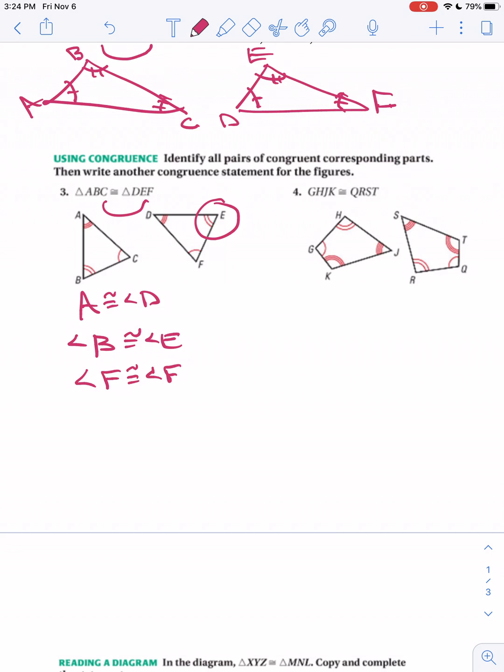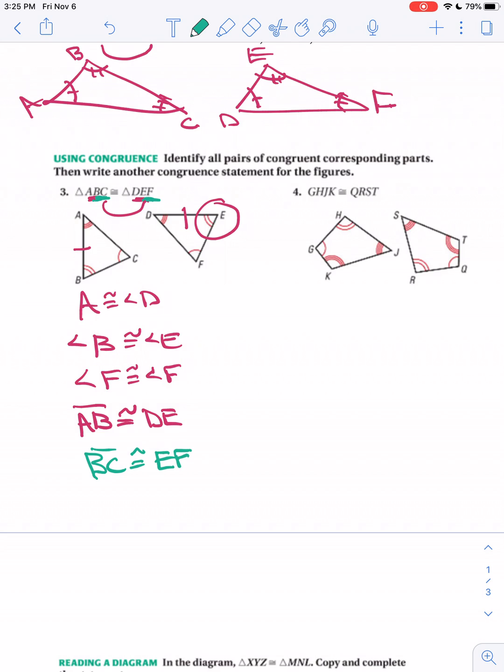It also applies to the sides. So by this congruent statement, I can see side AB is going to have the same length as side DE. AB goes to side DE right there. So I'm going to write segment AB is congruent to segment DE. And we're going to do it again. We're going to say side BC is congruent to side EF.